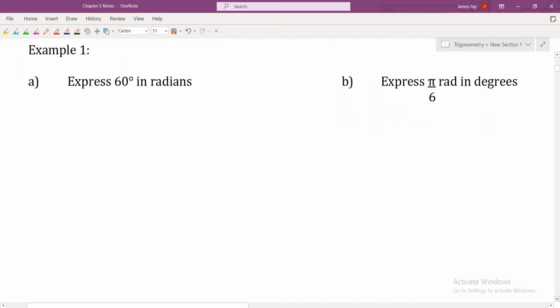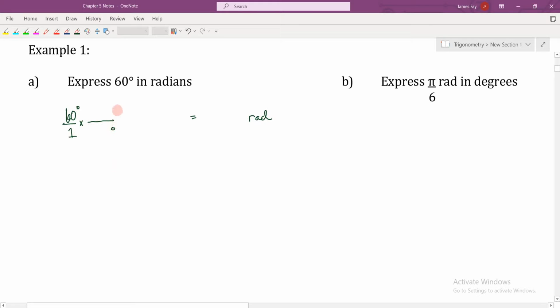Express 60 degrees in radians. So basically what we're going to do is start with 60 degrees, and we want to get an answer in radians. So right now this is 60 degrees, like over 1 if you want to write it that way. So now I need to multiply that by my conversion factor. Well, I need degrees to cancel, so degrees need to be down here.